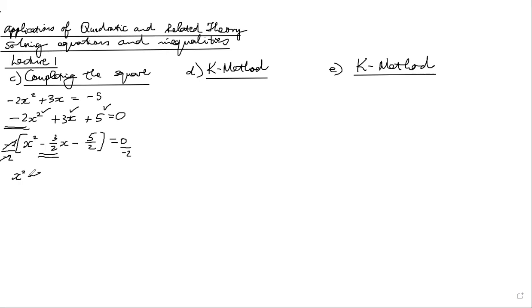As I said, we're going to add half the coefficient of the x term, squared, on the left. And we are going to subtract it as well. So let's put in the addition sign here. Half of minus 3 over 2 is minus 3 over 4, which we will now square.